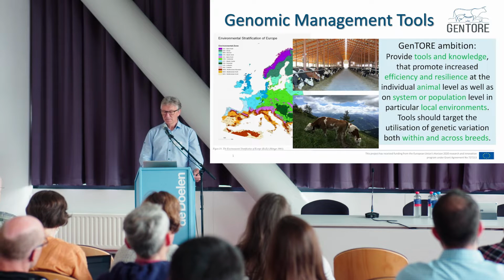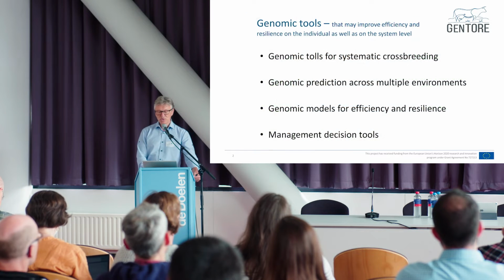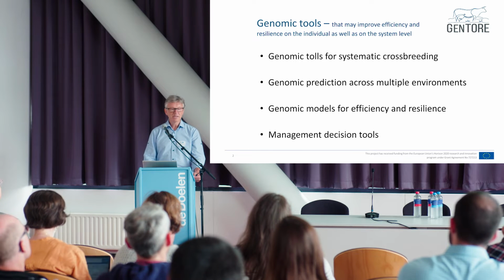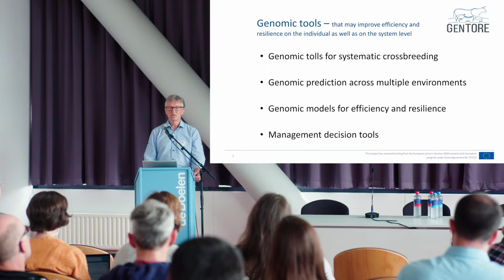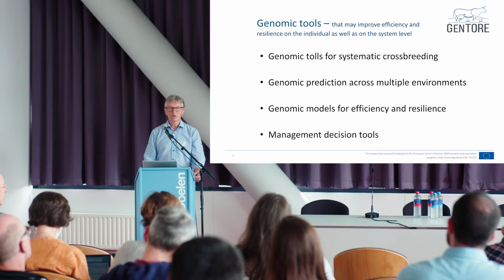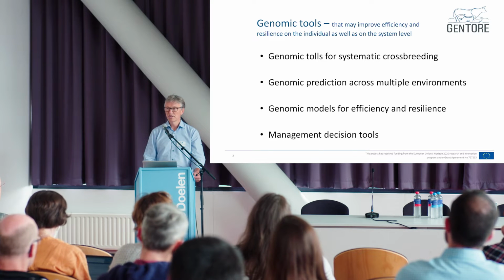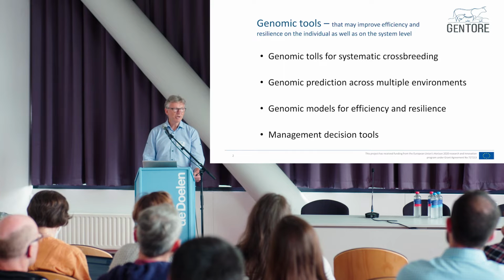In trying to achieve this, we decided to work with some themes. One theme you just saw well presented by Emra was genomic tools for systematic crossbreeding systems and more mixed breeding systems.